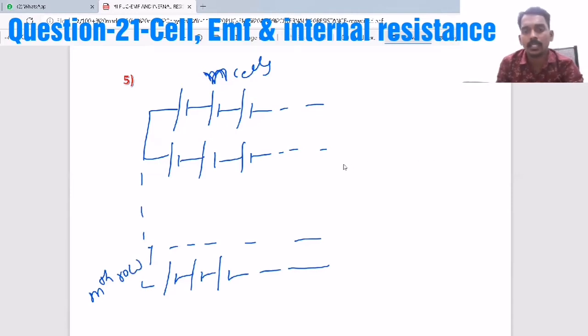Then each row is equivalent to N epsilon comma NR. Each row is the same.